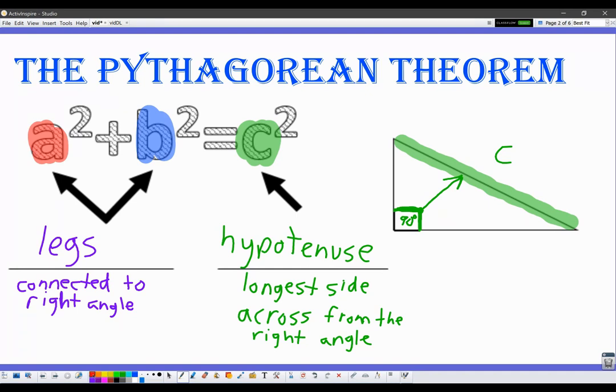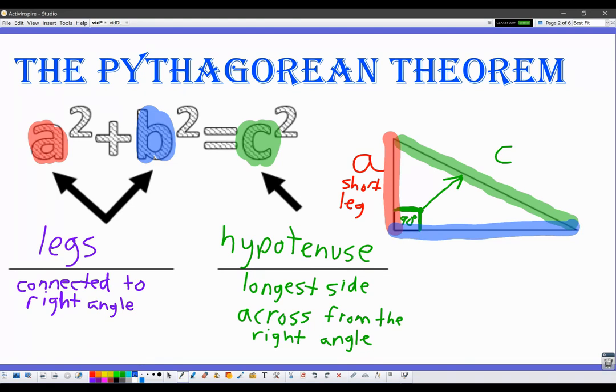And so we'll call A the short leg. So A will represent the short leg. I can highlight that side in red. And we'll use B to represent the long leg.